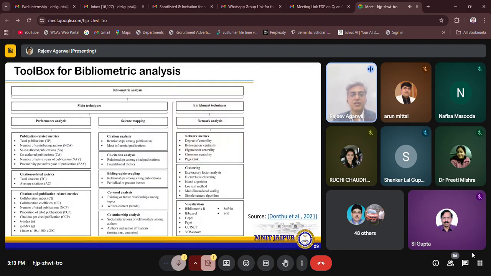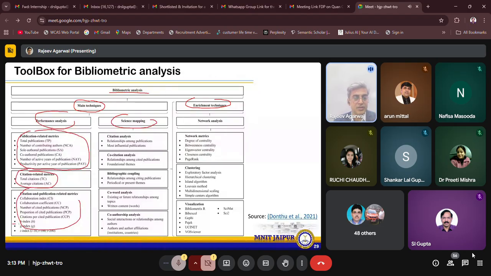So let us try to understand what we mean by bibliometric analysis. Bibliometric analysis is divided into main and enrichment techniques. Main is performance analysis and science mapping, where there are total publications, number of contributing authors, sole-authored, co-authored, active years, and then citation-based metrics and citation and publication related metrics.